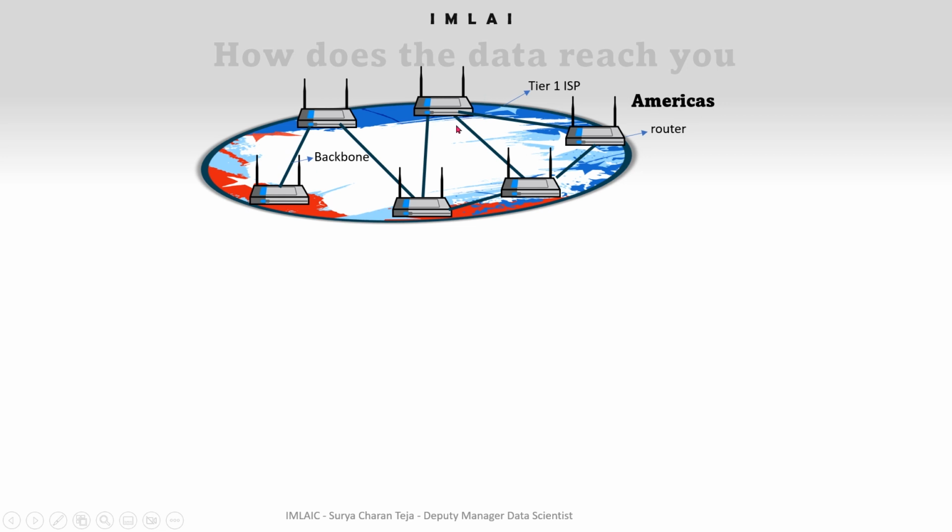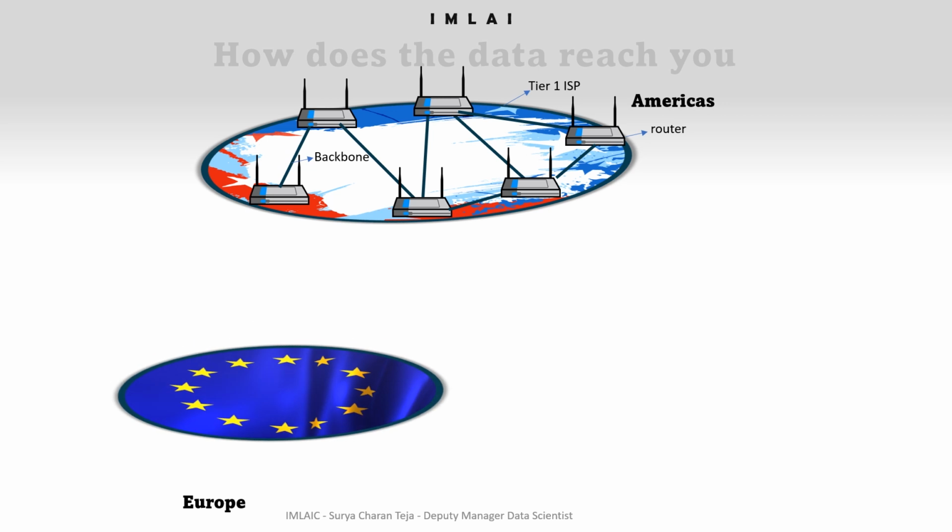Basically, as this is a subnet, we call this a tier 1 ISP. If you want to tap into the network from here, that's a tier 1 ISP. The one who provides this service are called tier 1 ISPs, tier 1 internet service providers, and this is America's subnet.